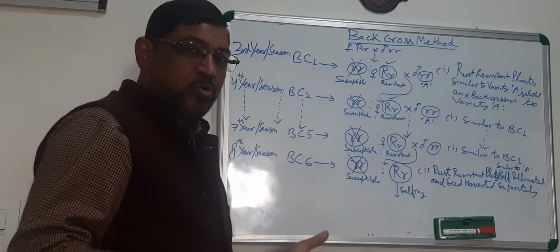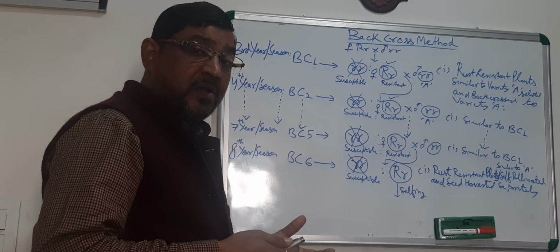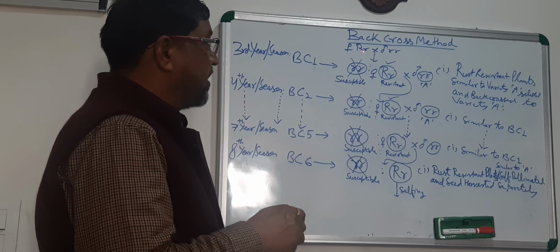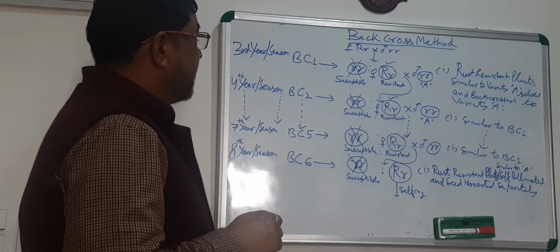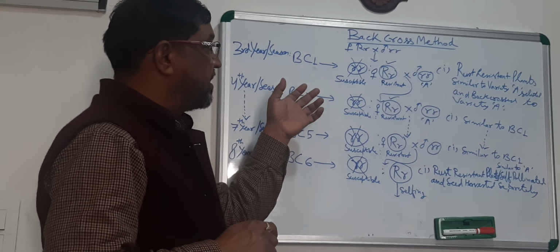There is no scope of selection. All the plants are disease resistant, so capital R, small r, all the plants. So you take any panicle, you cross it, pollinate it with the recurrent parent, parent A, and you have harvested, and now in the third season you are growing it as BC1.